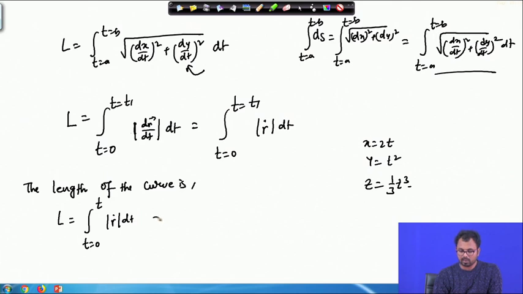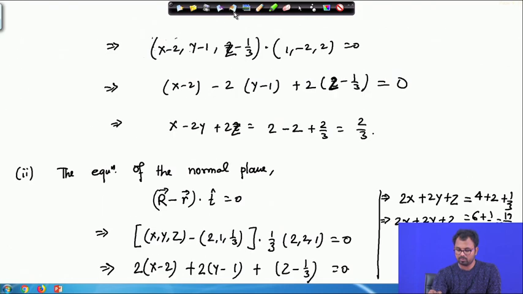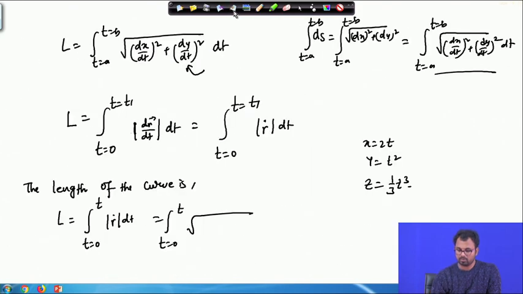From the previous class we can substitute the value of r dot, which is 2, 2t, t square. So I can substitute the value: square root of 4 plus 4t square plus t to the power 4, dt.